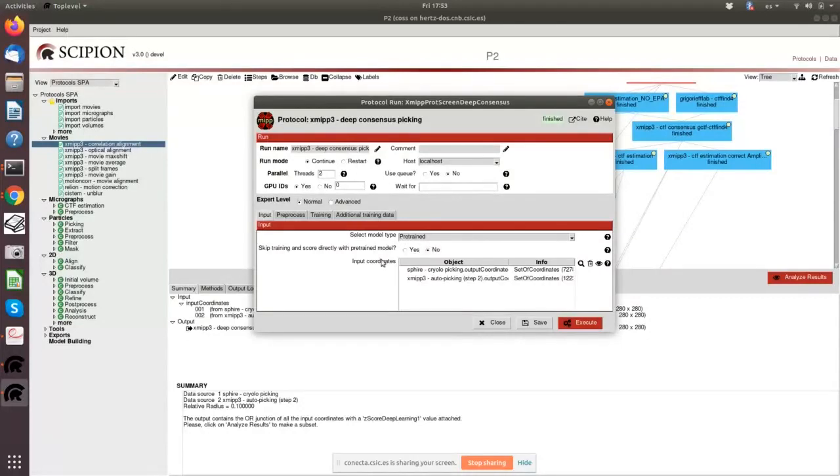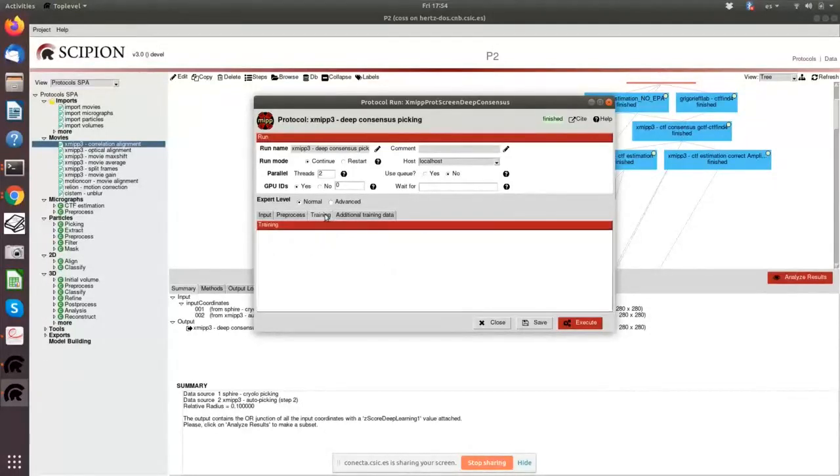So normally the most typical example is this one with pre-trained, and then you can use some pre-processing steps, whether to ignore the CTF or not, whether to invert the micrograph, and some parameters for the learning. And this is very interesting. We have pre-compiled a set of negative examples.